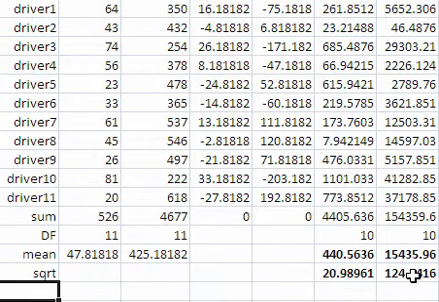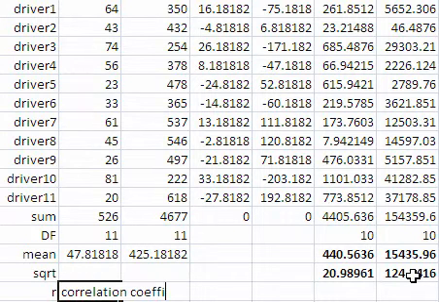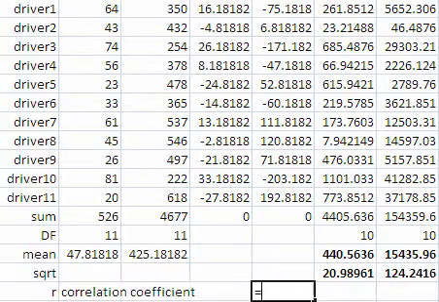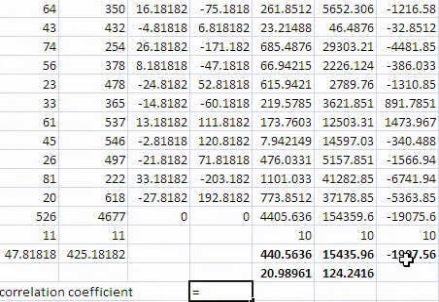We're now able to compute a lot of very useful things. For instance, the R, the correlation coefficient. It's equal to the covariance divided by the product of the standard deviations.